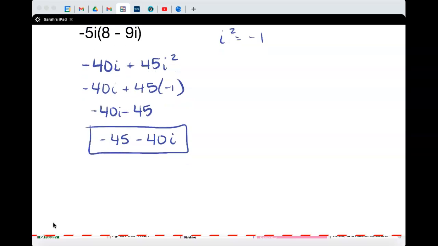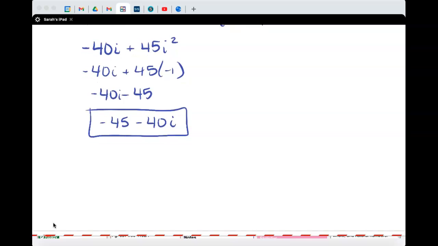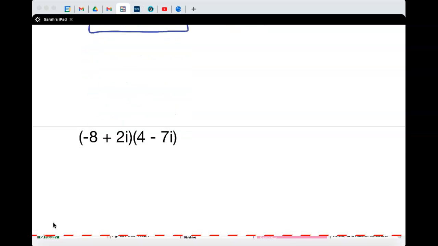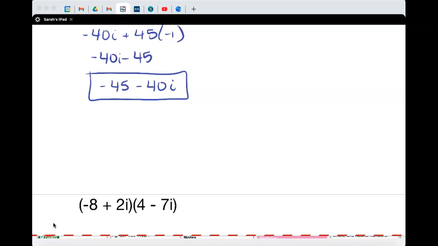Replace i squared with -1. That's the new part, but that's not anything hard. If you write it in standard form, the real part's first and then the imaginary part. Technically, it's not wrong if you have it the other way, but if they ask you to write in standard form, it should be in order.